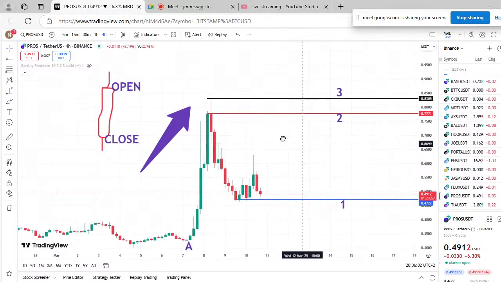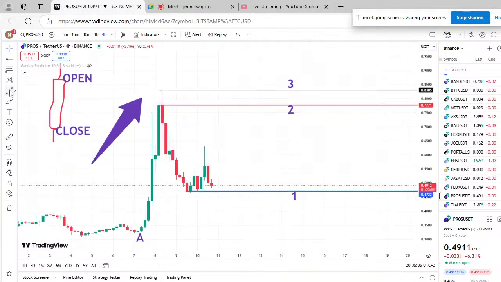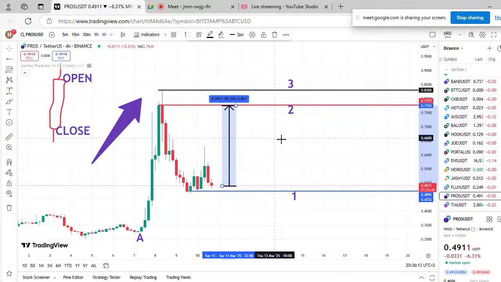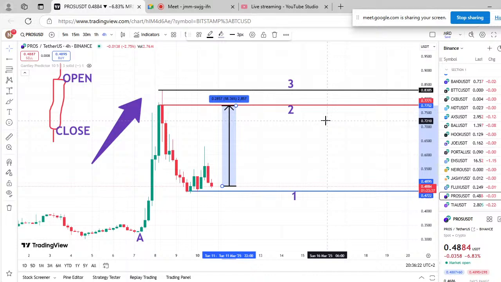Therefore, the right take profit could be, when entering at this price, the line number 2. Because line number 3, the market may even fail to reach that point.